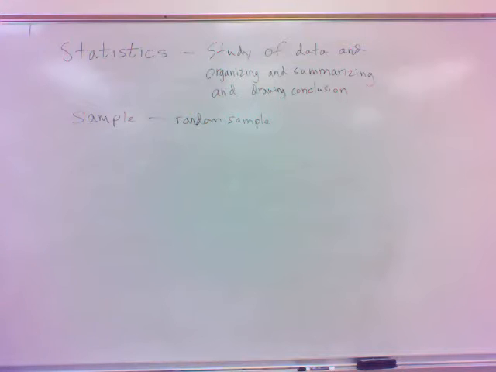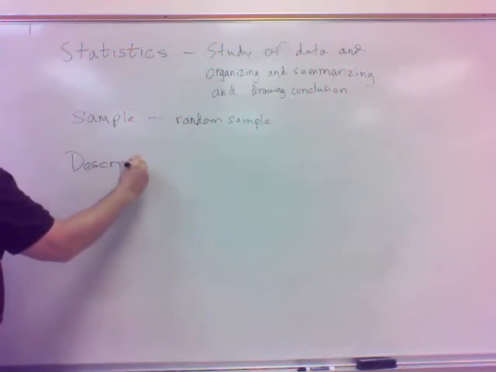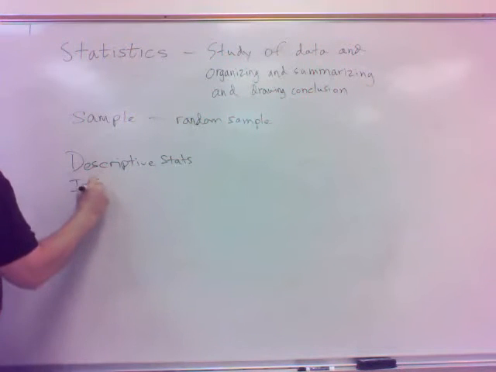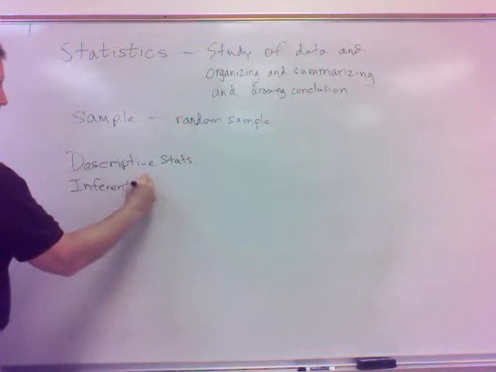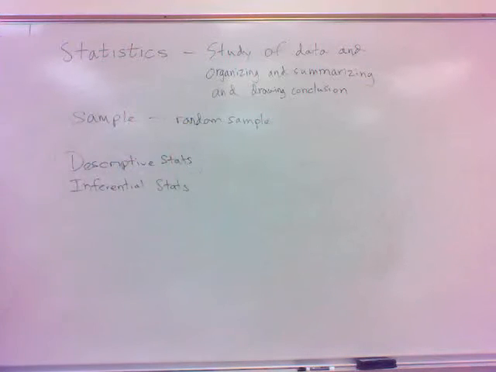Now, we'll distinguish here between two types of statistics: descriptive statistics and inferential statistics. Descriptive statistics, as the name suggests, describe the sample or population that you're studying. What is the average value?